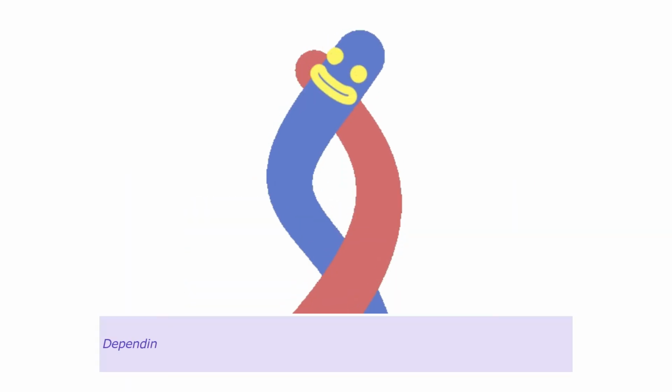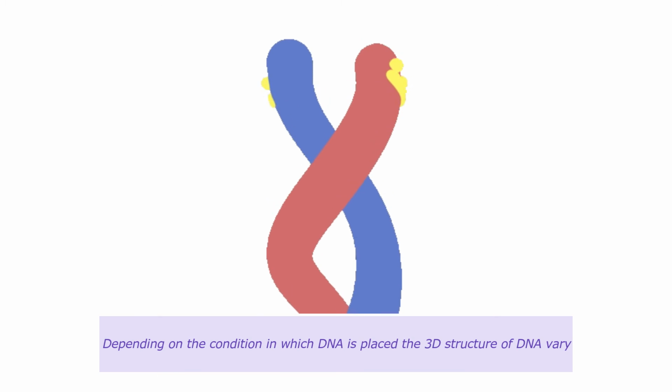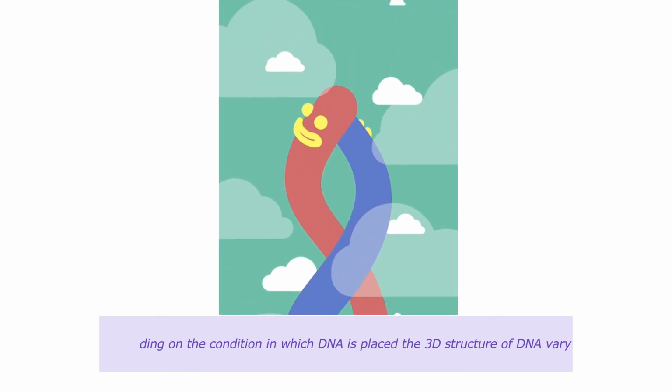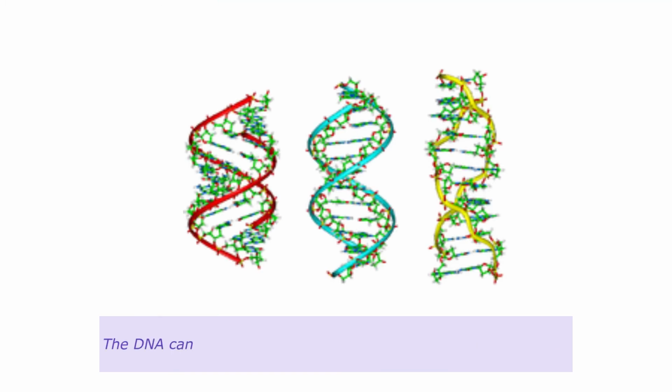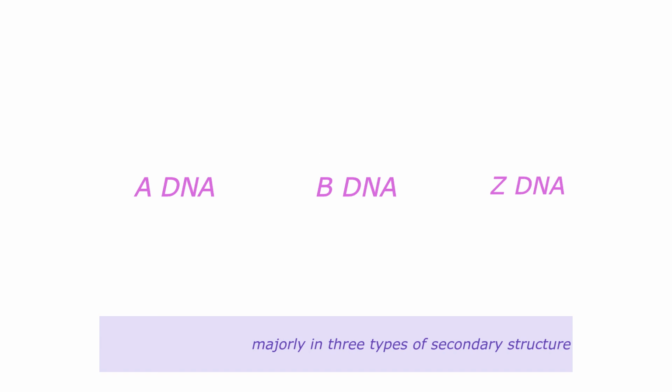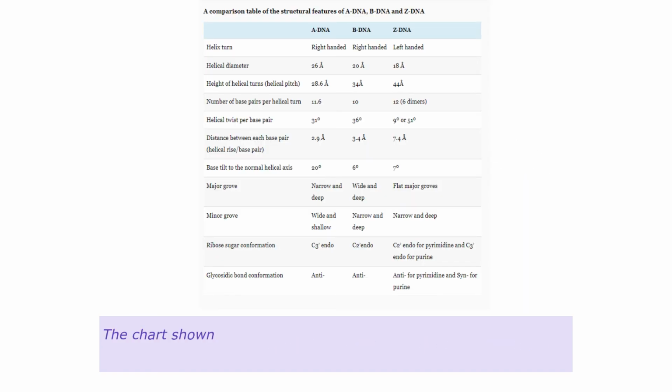Classes of DNA. Depending on the condition in which DNA is placed, the 3D structure of DNA varies. The DNA can appear majorly in 3 types of secondary structure: A-DNA, B-DNA, and Z-DNA. The chart shown in the video will help you to understand more about these types of DNA.